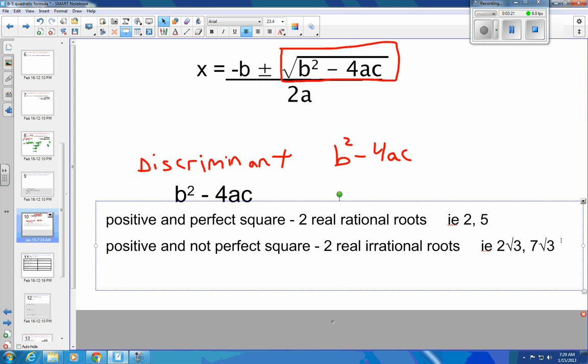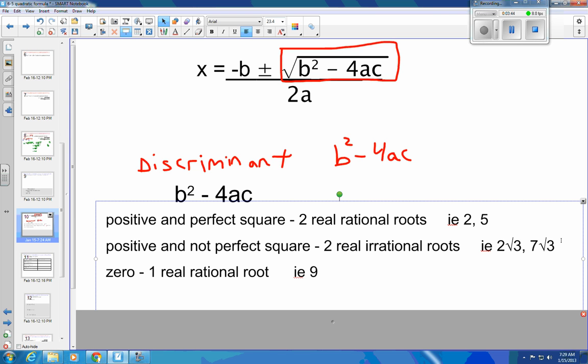What else could we have? That could be 0, right? So it could be 0, in which case we would have just one real rational root, because we wouldn't be adding or subtracting anything, so i.e. we'd get like 9. And the last thing that could happen is you could have it negative, in which case you would end up with 2 complex roots.